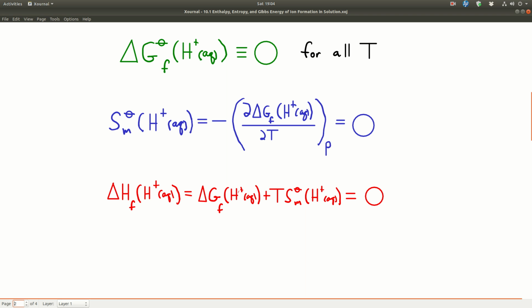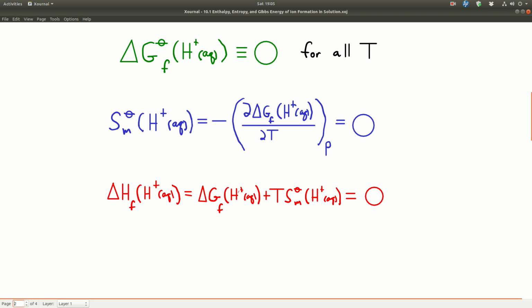So for ionic species in solution, we need a reference point, a reference standard, and that has been defined as the hydrogen ion. So the heat of formation, the Gibbs free energy of formation under standard conditions of the hydrogen ion in aqueous solution is defined as being 0 for all temperatures.